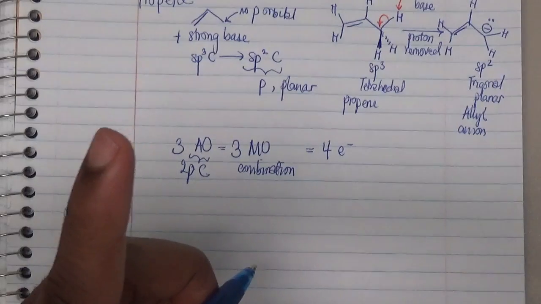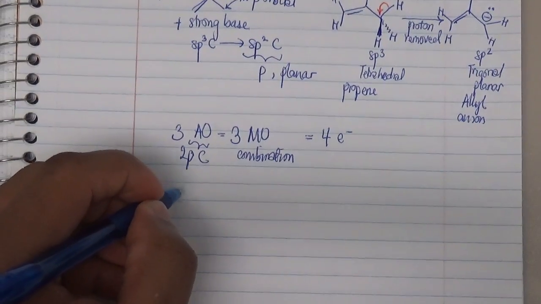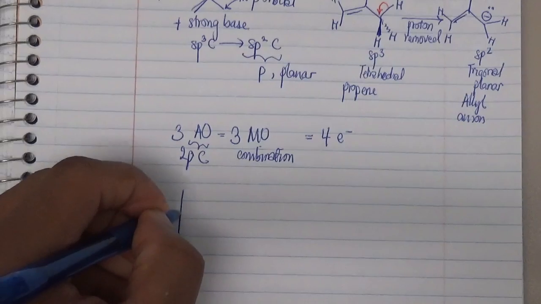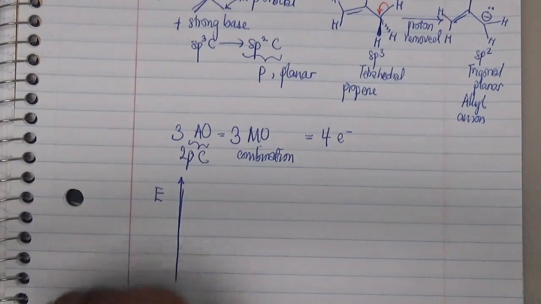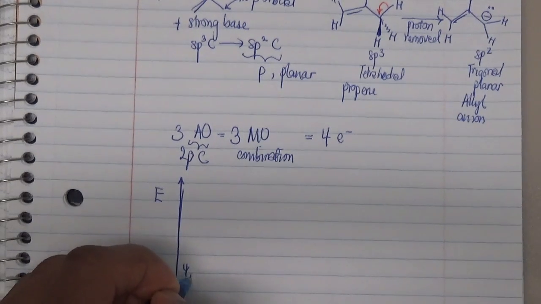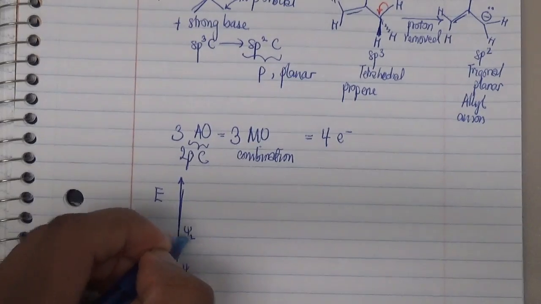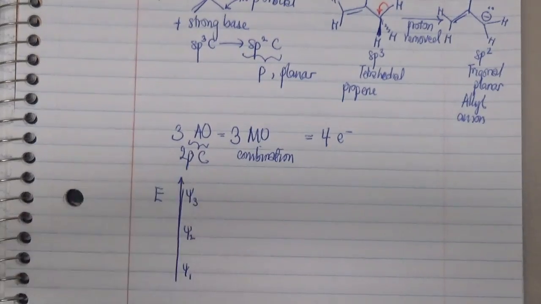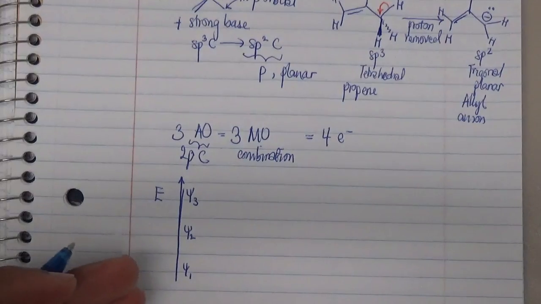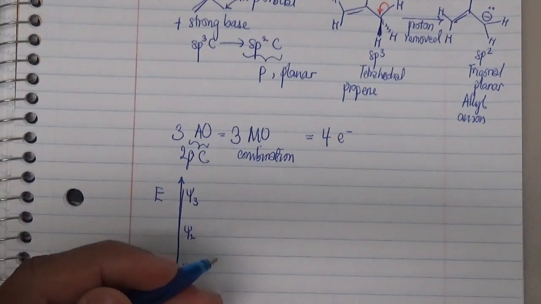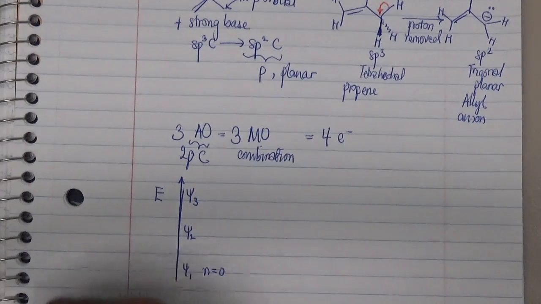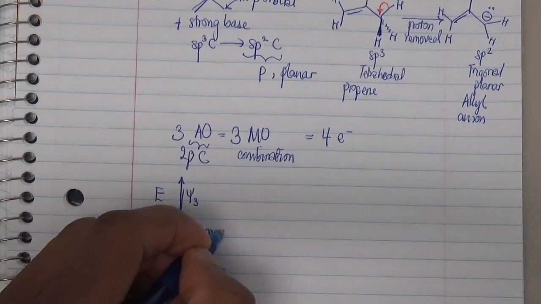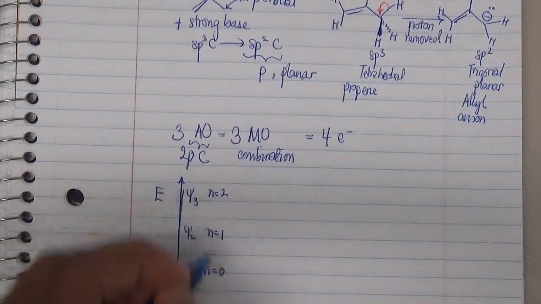So let's draw our energy scale to look at the 3 possible ways of generating our molecular orbital combinations. In our energy scale we have 1, 2, 3, and you have to note that we are increasing in the number of nodes, where the number of nodes in the first energy level is 0, while the next one is 1, and the next one is equal to 2.